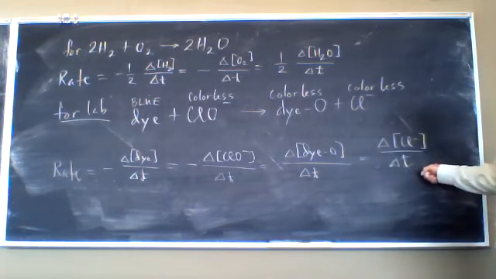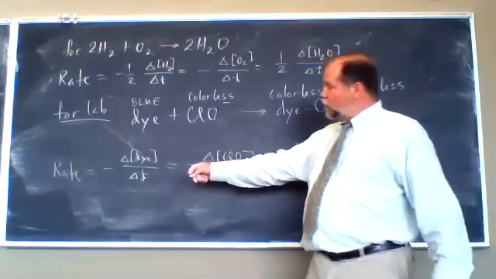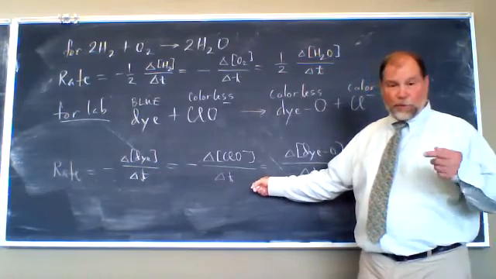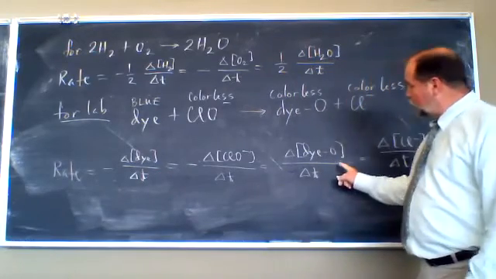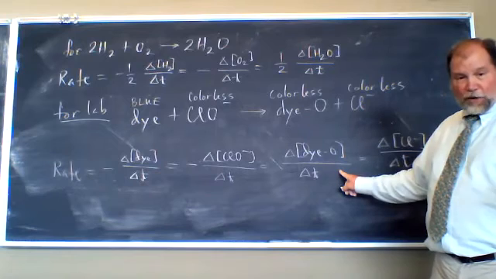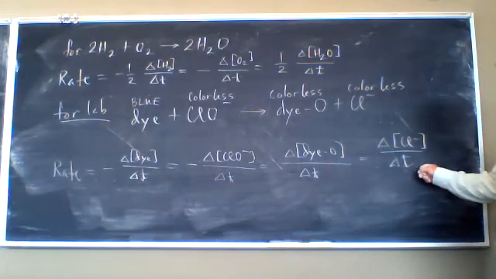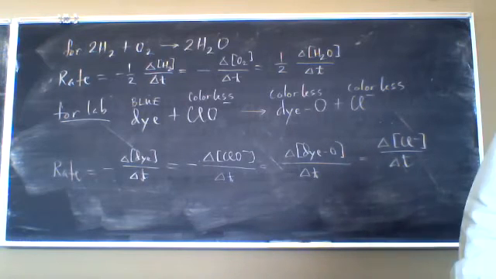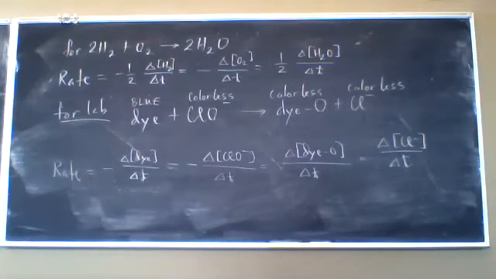According to this rate expression, the rate at which the dye decolorizes is exactly equal to the rate at which the bleach gets used up, is exactly equal to the rate at which the DiO is formed, is exactly equal to the rate at which the chloride ion is formed. And so the rate expression gives us a handle on what the rate of this reaction would be.